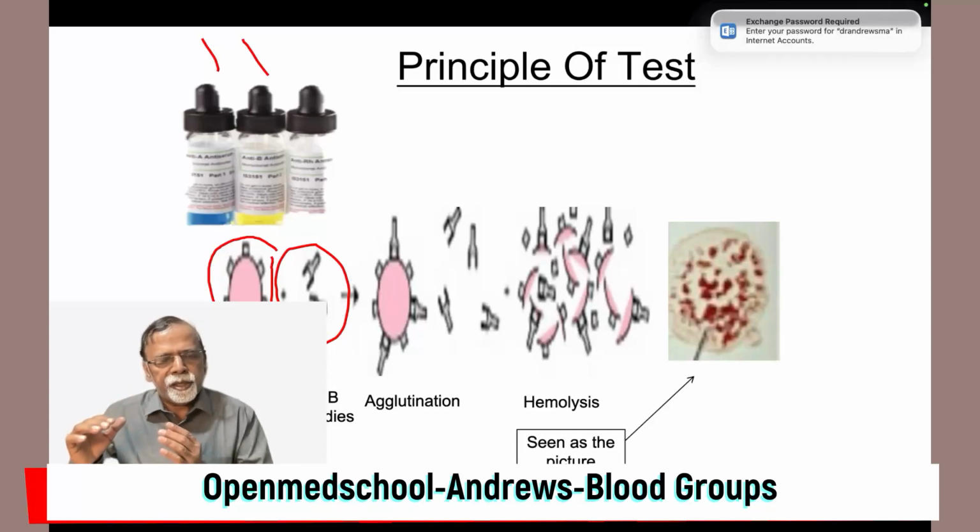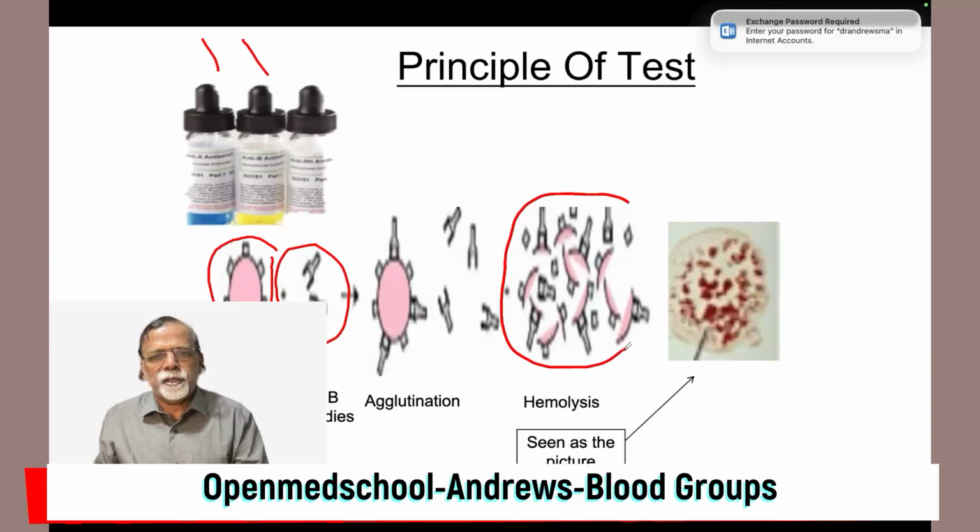So in a patient who has got an antibody, if B type of antigen is added, what will happen? This will clump together. This antibody will attach to the RBC. These RBCs will combine together and this is seen like this. So they say clumping, and this is how you identify that this blood group is B positive.